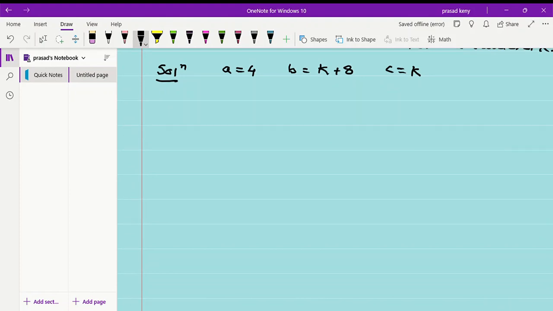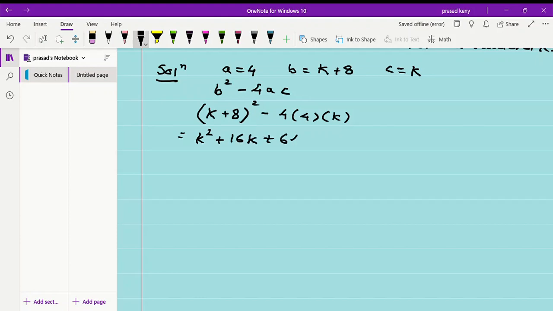So just take b square minus 4ac, which is k plus 8 the whole square minus 4 into a is 4 and c is k. Expand k plus 8 the whole square, that is k square, plus 2 into k into 8, that is 16k, plus 8 square, that is 64, and minus 4 into 4 into k, that is again 16k. So as you can see here, 16k gets cancelled.